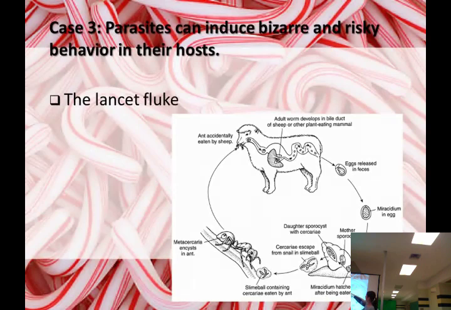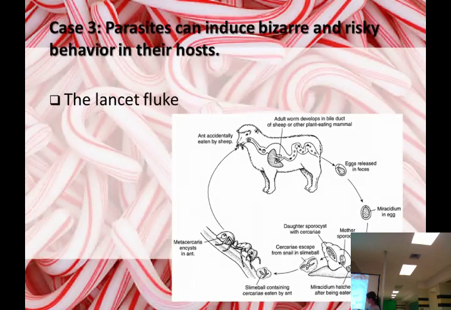The sheep has its feces come out, and eggs are released in the feces of the sheep, and they get onto the grass where the sheep are pooping, and the snails come along, and as they're gliding over the grass, they are going to ingest these eggs.